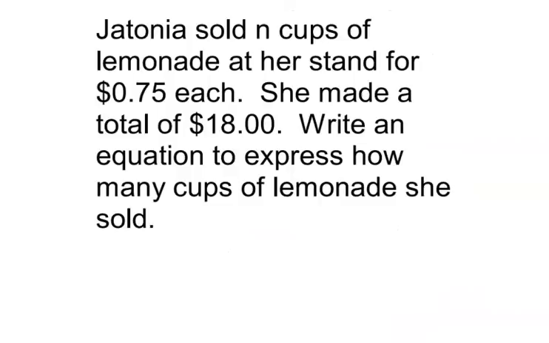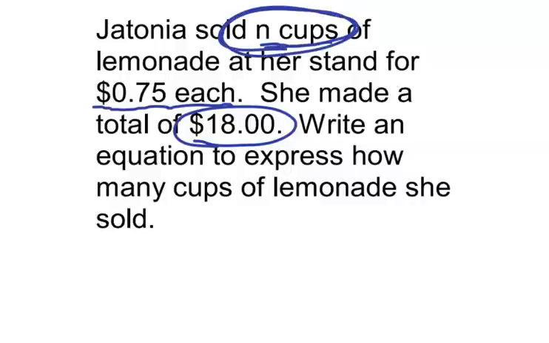Jatanya sold N cups of lemonade at her stand for 75 cents each. She made a total of $18. Write an equation to express how many cups of lemonade she sold. Okay. All right, so we don't know how many cups she sold, but we know that she got $18 total. So we're going to put the 18 at the end there.